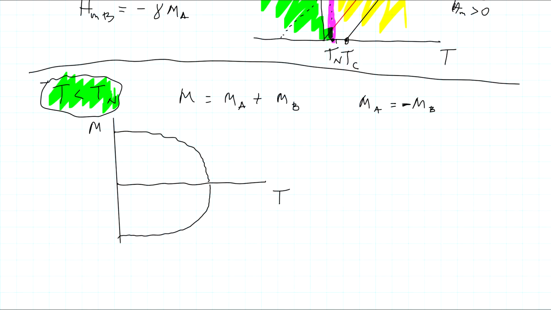So this is A, and that is B. Correspondingly, this would be M of sublattice A, and that would be M of sublattice B, with negative and positive here. A points up, B points down.